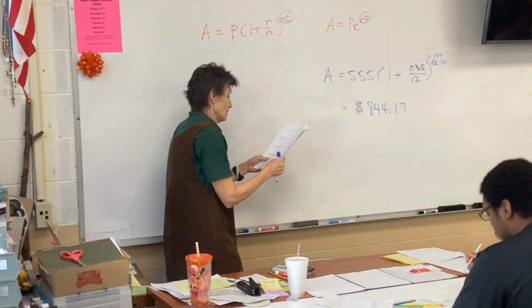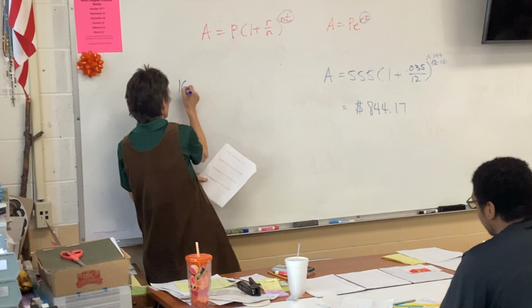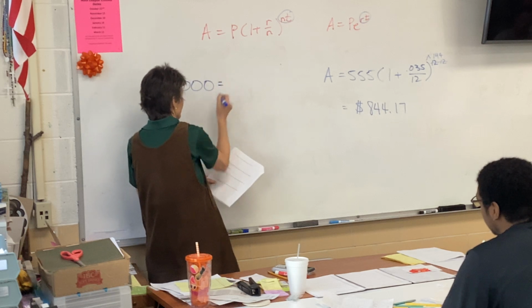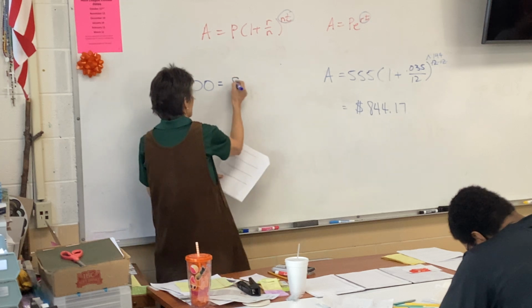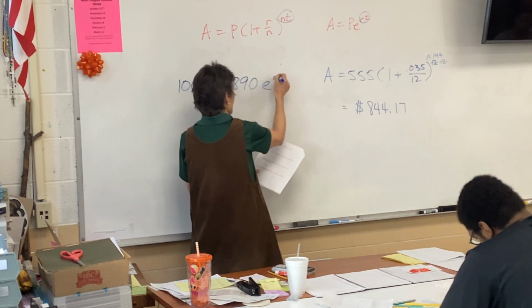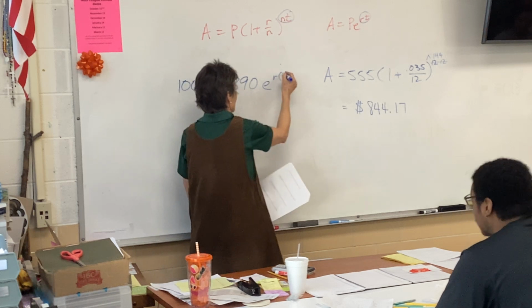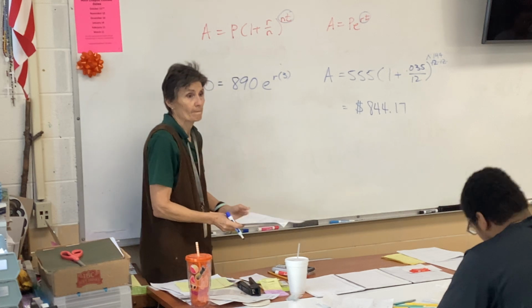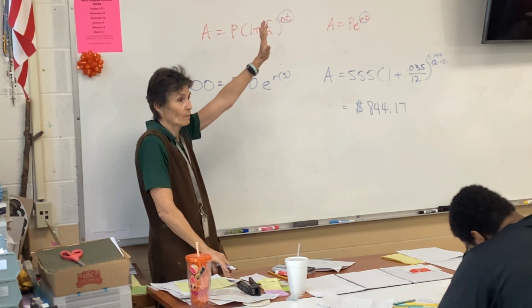So, I want to end up with $1,000. That's my A. I started with 890. Don't know the interest rate, but I know I left it in there for 3 years. How many of you got those numbers plugged in that way?